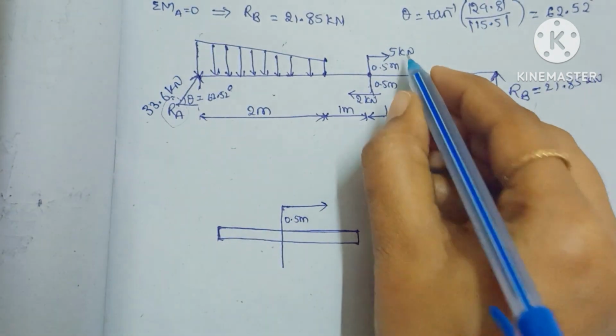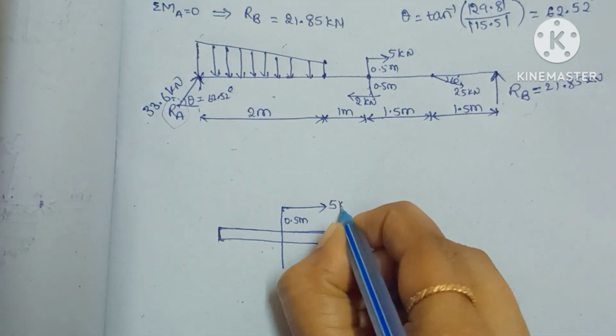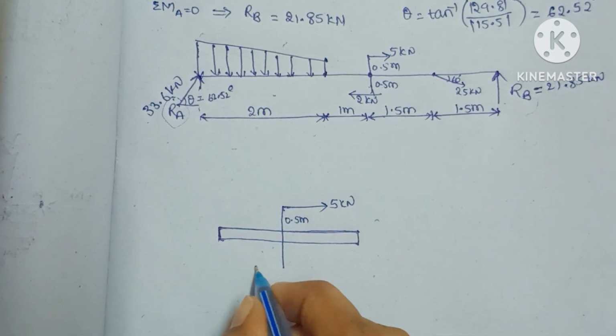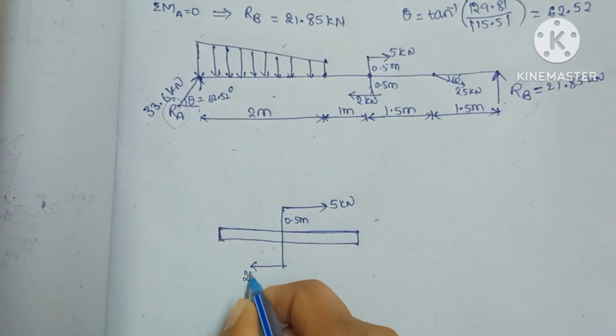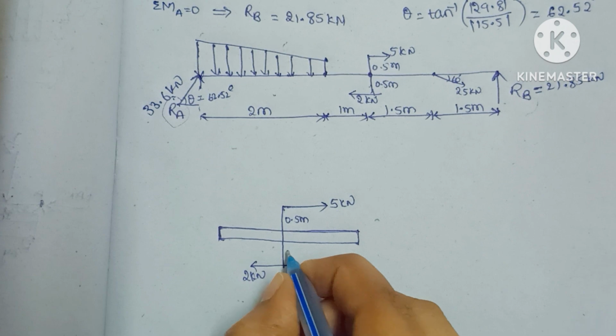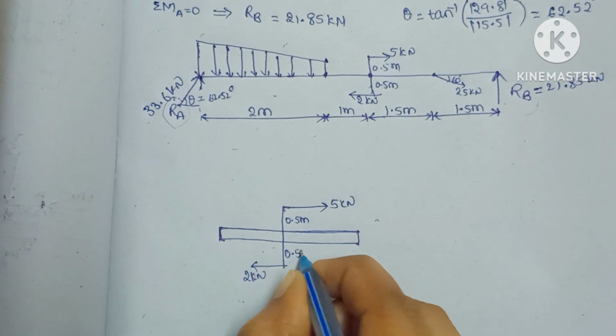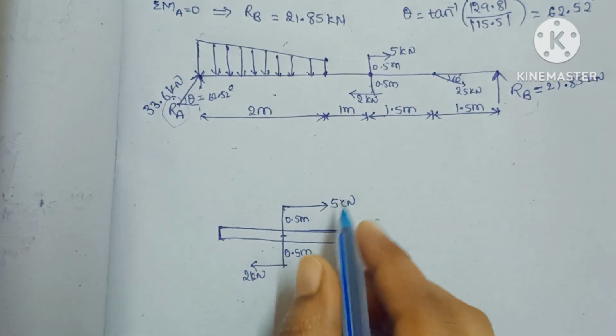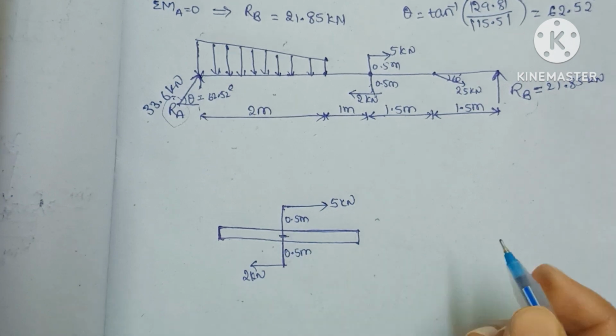A load of 5 kilonewtons is acting in this direction, and 2 kilonewtons of load is acting in the negative x direction at 0.5 meters from the x-axis.